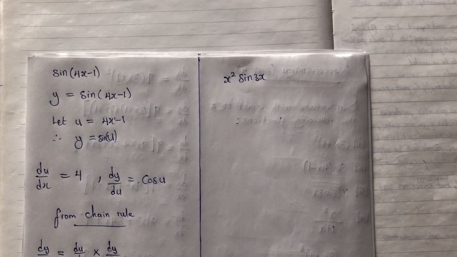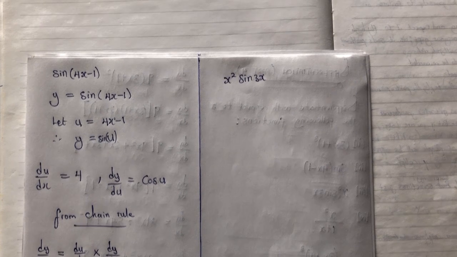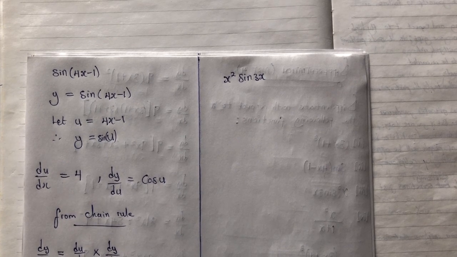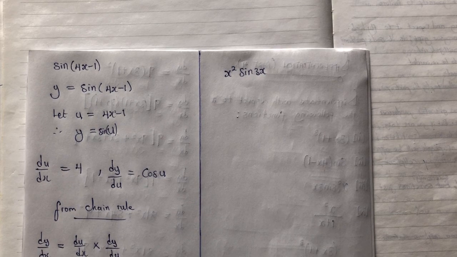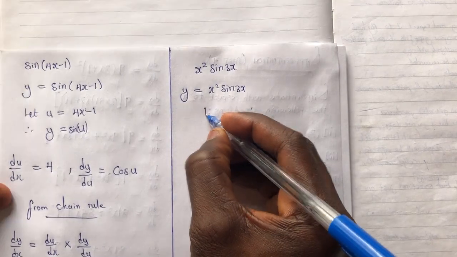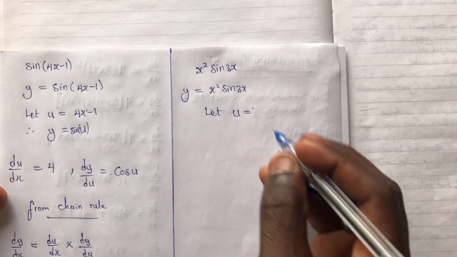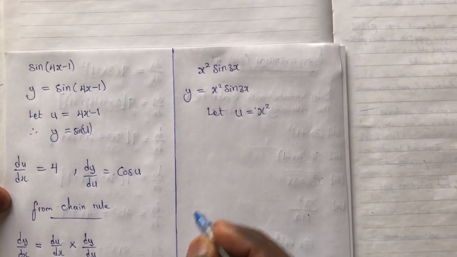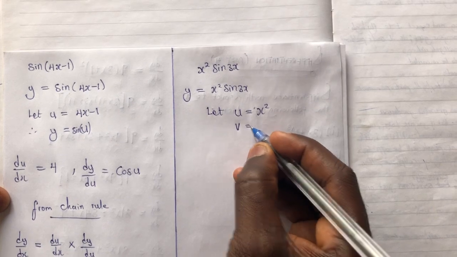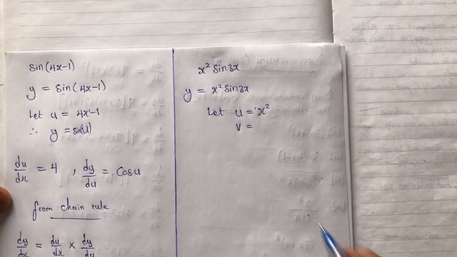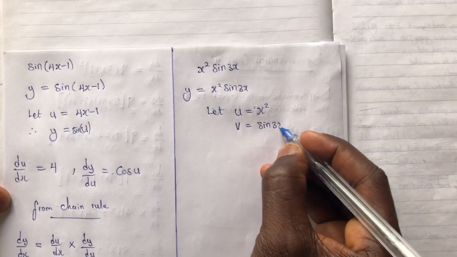So to apply the product rule, there are two ways. I will use the variable terms first, and then I'll use another way to differentiate. Let u be equal to the first function, which is x squared, and let v be equal to the next function, which is sine 3x.